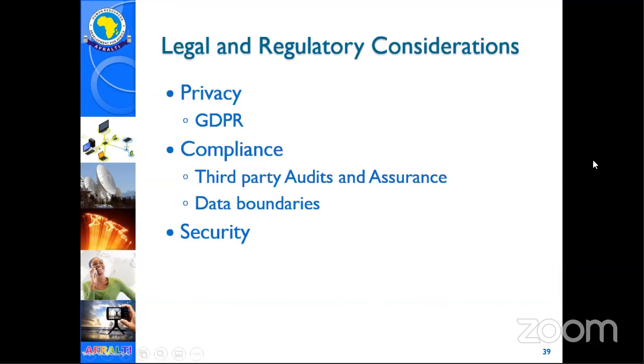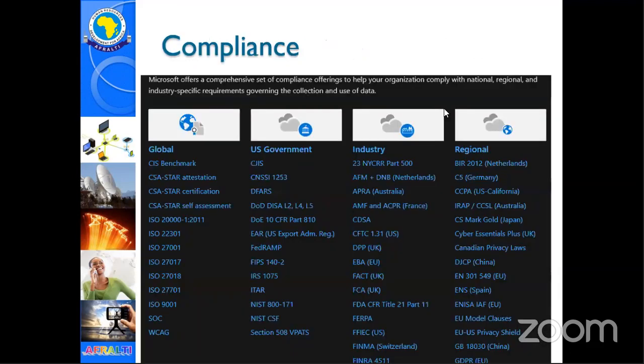These are available online on the Microsoft website, even on the Amazon website. A good example is this screenshot from the Microsoft website. It shows some of the compliance requirements that they have met.